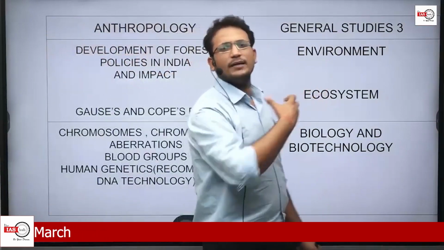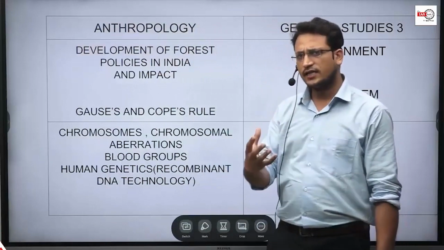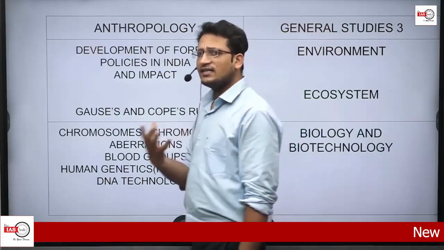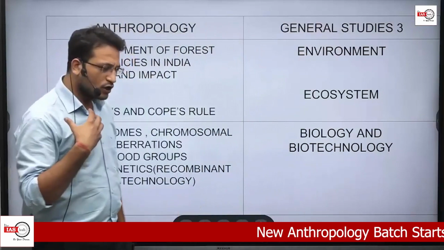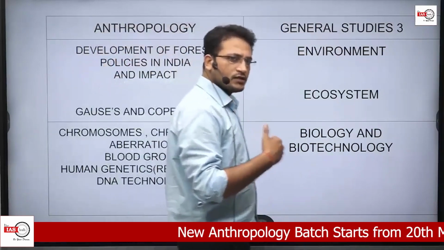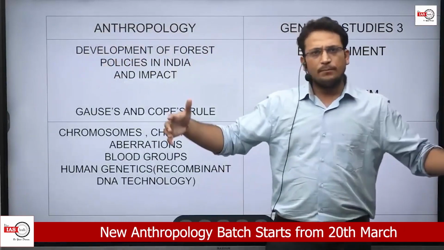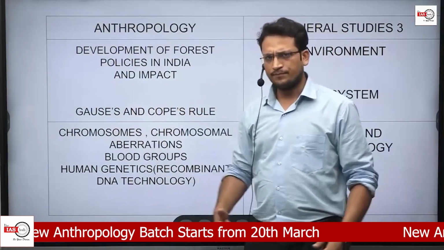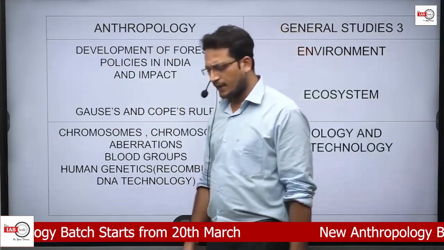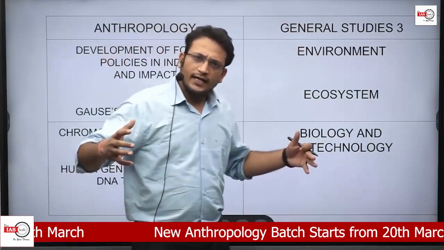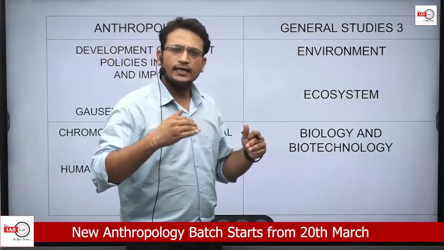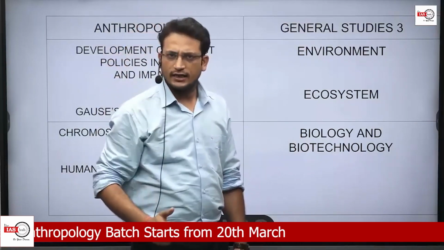But these two animals have certain distinct characteristics. What are these distinct characteristics? If you closely see the polar bear, you will see the body fat is comparatively very high. Why is the body fat of the polar bear high? Because the polar bear wants to retain heat so that it can survive in the polar region.